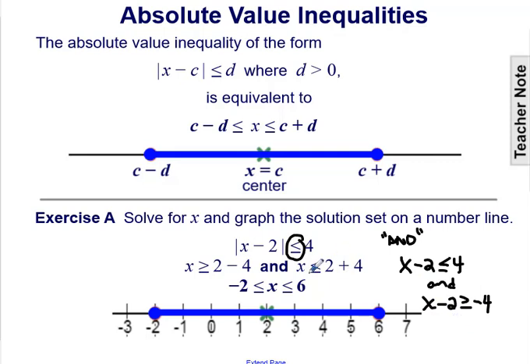And solve or simplify, and either way you end up with negative 2 is less than or equal to x is less than or equal to 6. You have a center of 2 with a distance 4 to the left or right, or you have the idea that you have the compound inequality where you have the endpoints of negative 2 and 6 and everything in between.